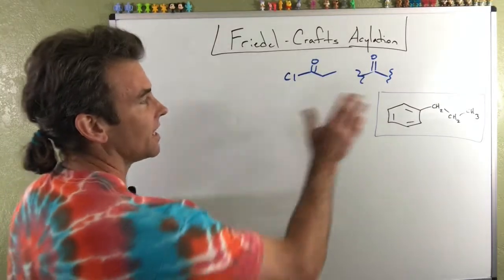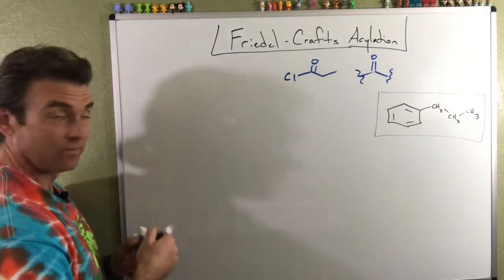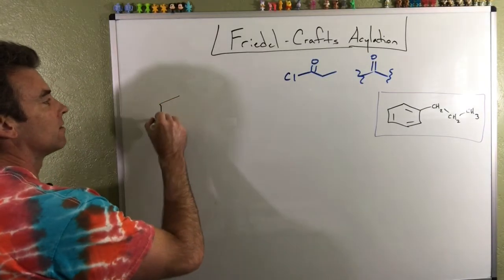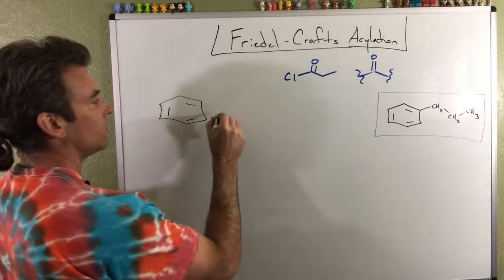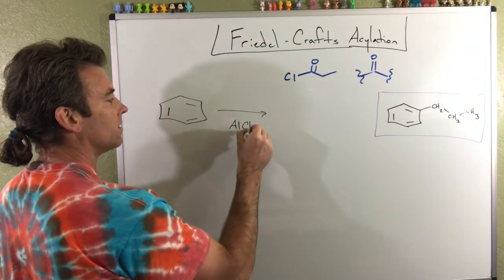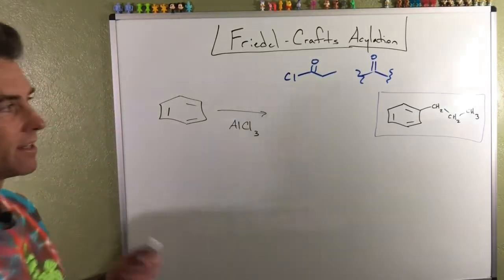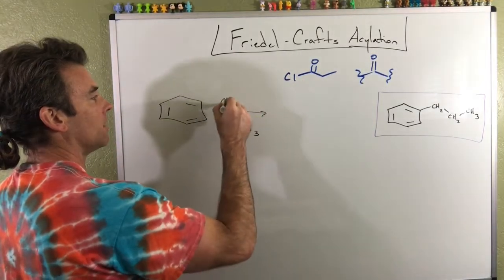So let's say that's my target, right? And I have to start with benzene. The way that I'm going to do this is, instead of starting with the alkylation material that I really would like to start with, I am going to start with this compound right here.